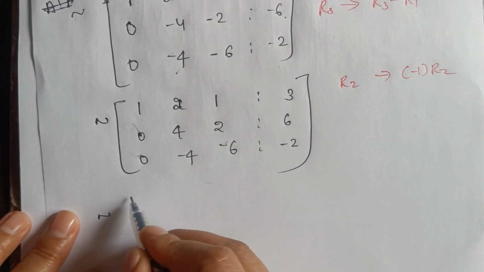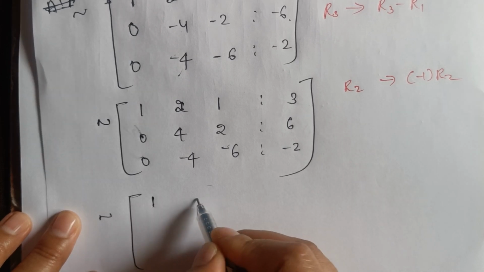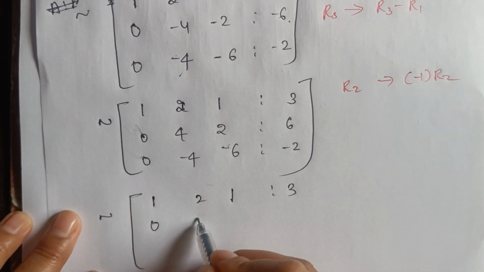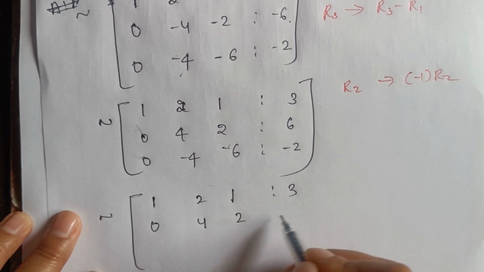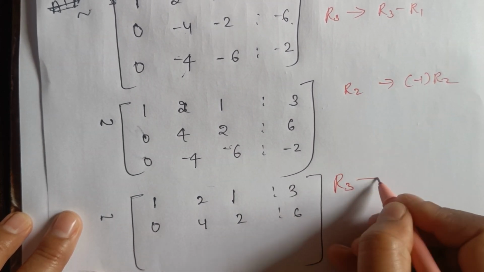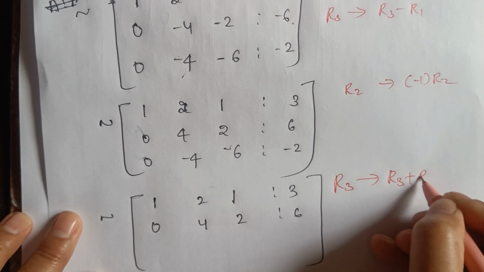Now I have 1 2 1 | 3, and 0 4 2 | 6. Row 3 I can change to row 3 plus row 2.